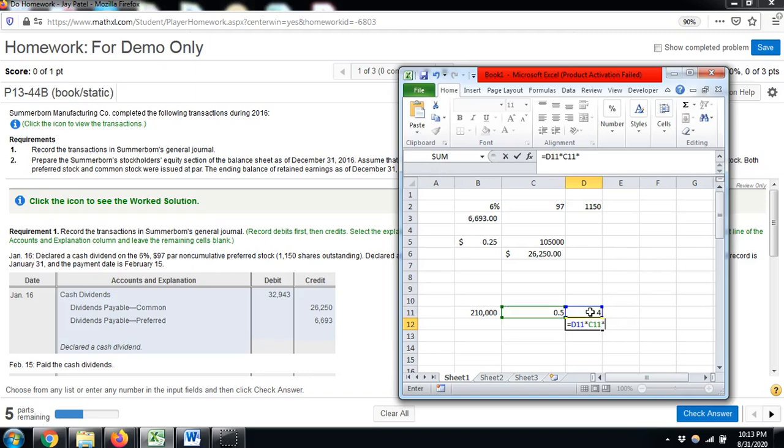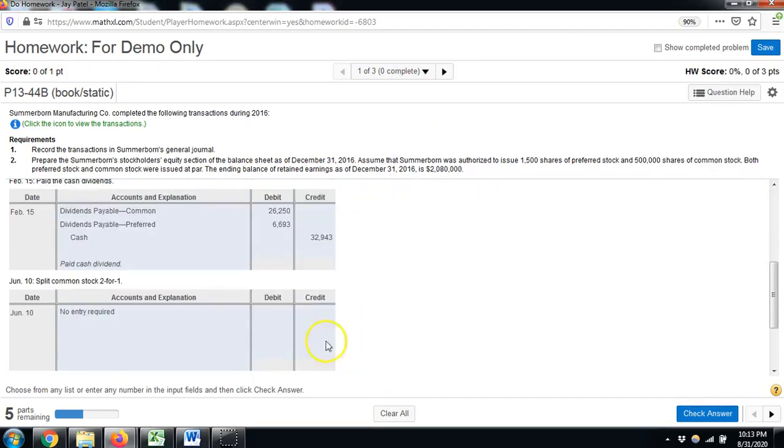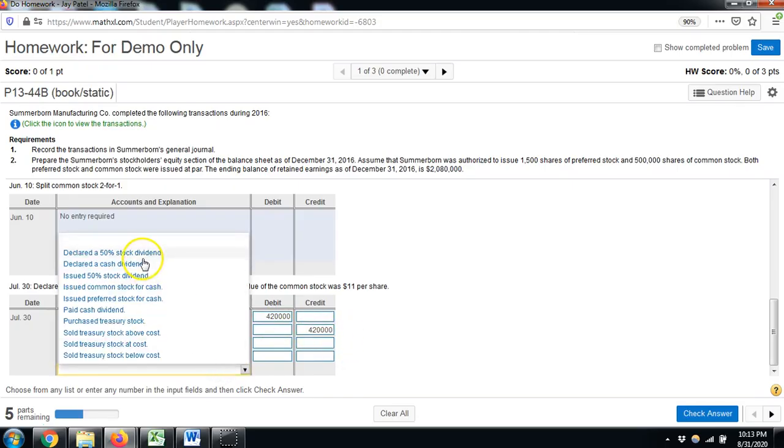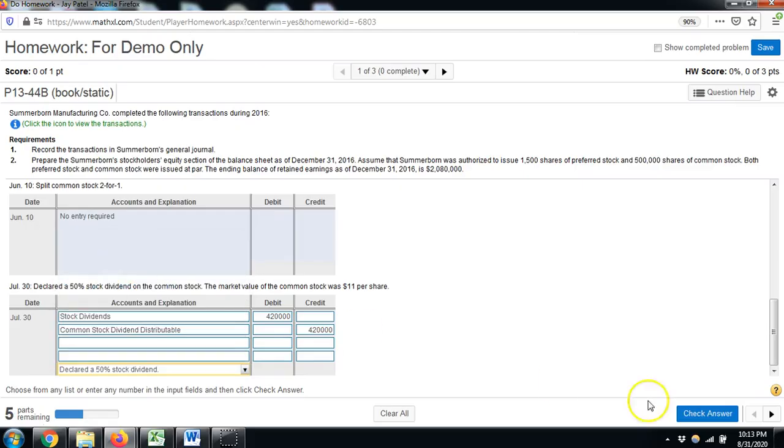So let's multiply all these together. So 420,000 dollars. So make sure it's not issued. We're still just declaring it because we created this liability.